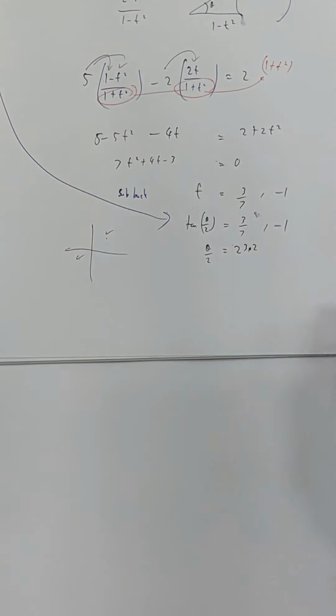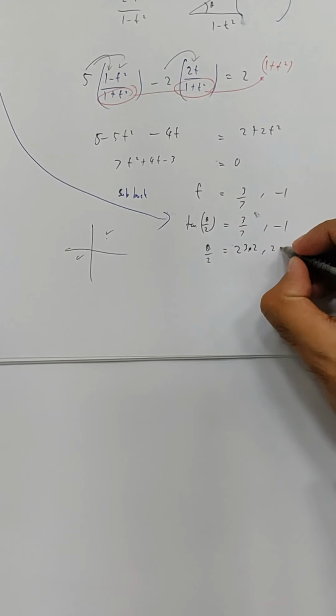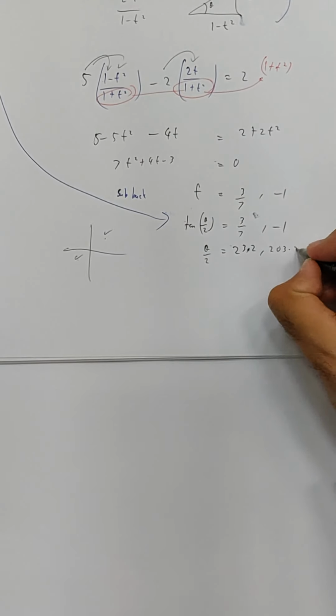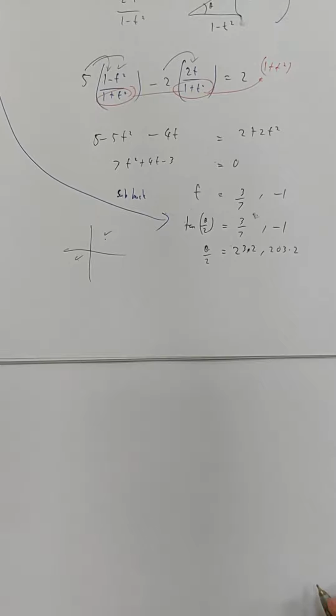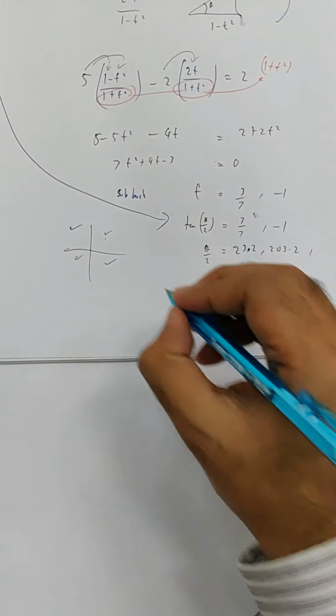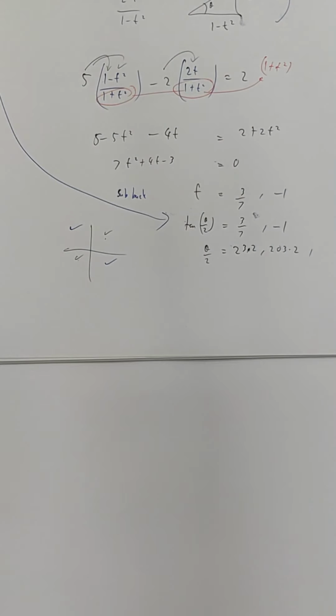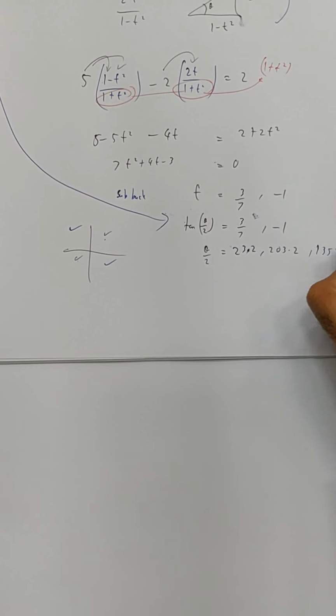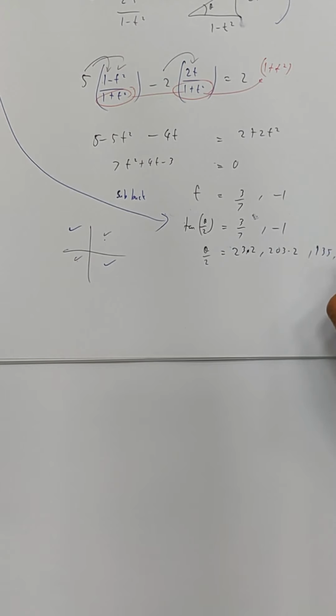So the third quadrant will be 203.2. What about for the negative one? Negative will be, that's 45, you should know by now. 135 and 315.